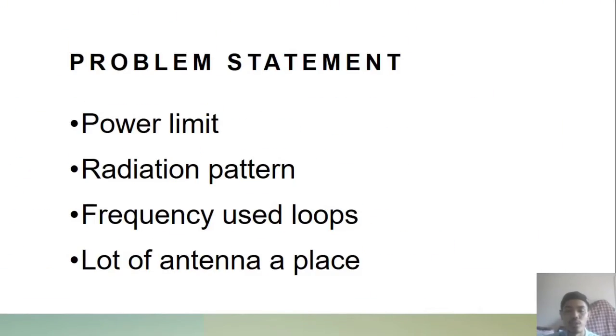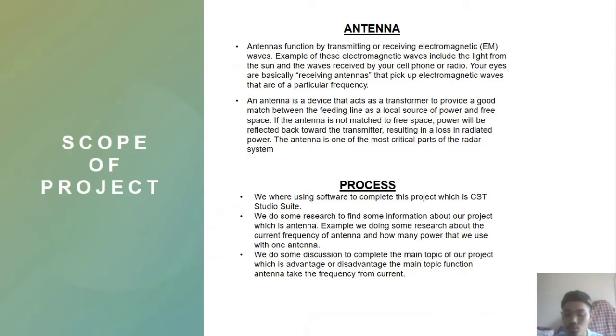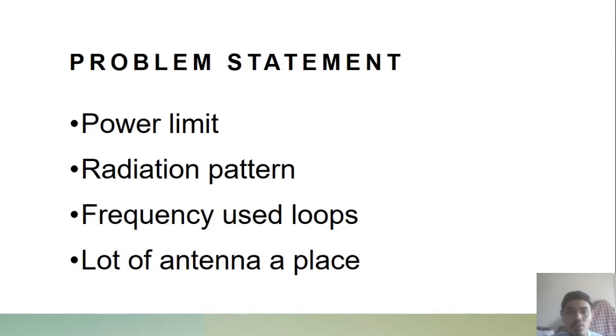Assalamualaikum and good morning. My name is Ahmad Shafiq bin Ahmad Sanusi. Matric number CE2001118. So today I will present about problem statement and scope of project. So problem statement, first point is power limit. This problem is more serious with a vertical or dipole antenna that is short compared to a wavelength, for those electric antennas.